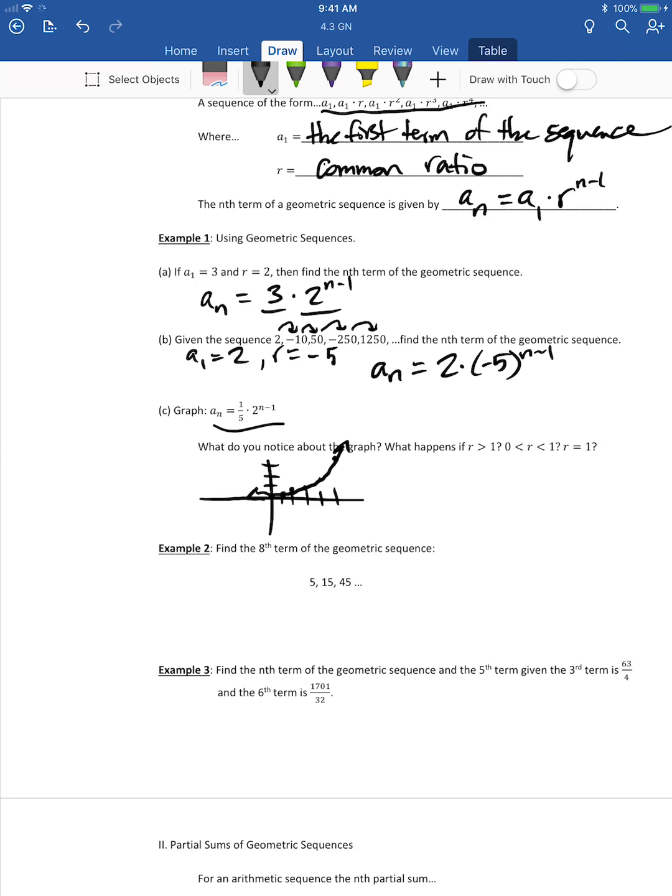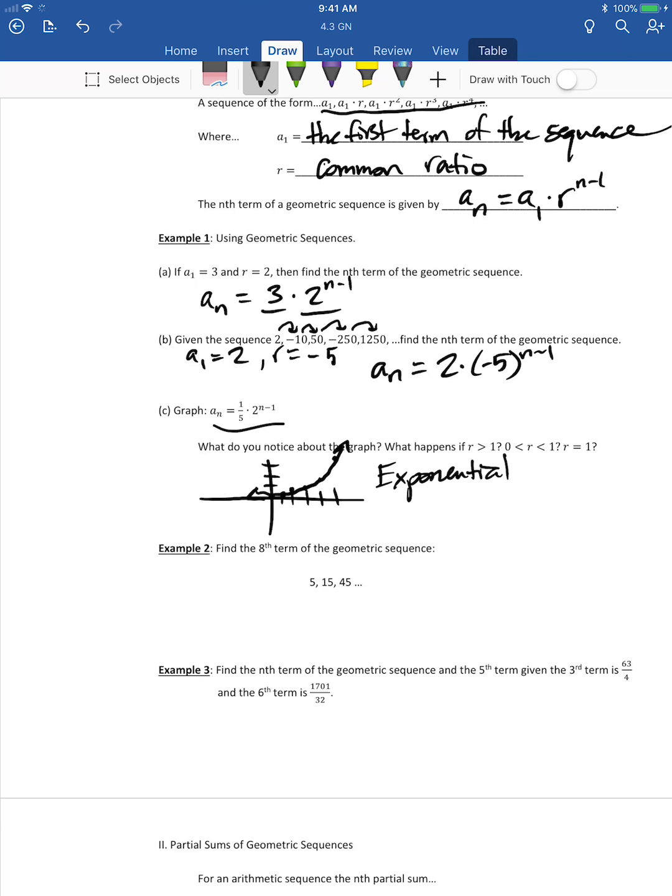What do you notice about this graph? What kind of a graph is this? It's certainly not linear, it's not quadratic. It is, in fact, exponential. Yes, there was a reason we do this unit after our exponentials unit.